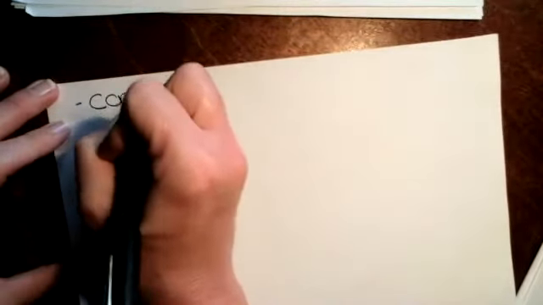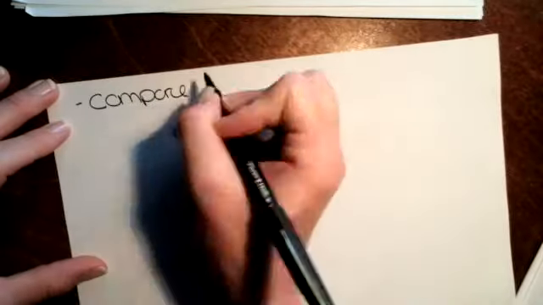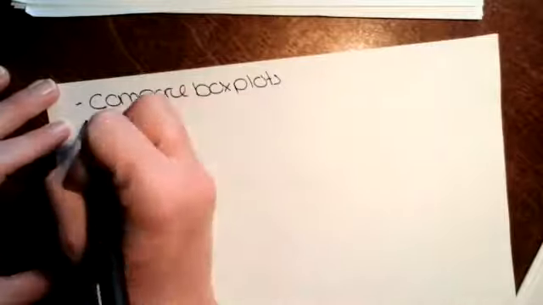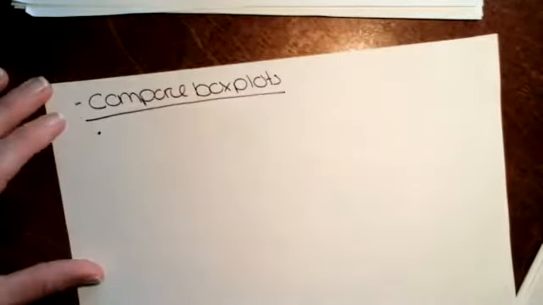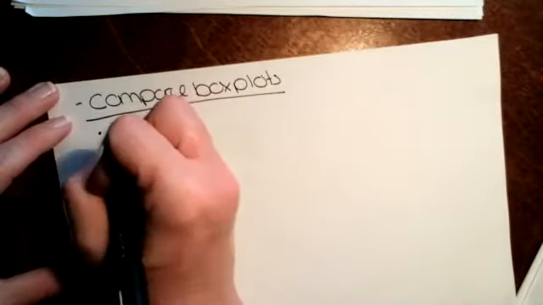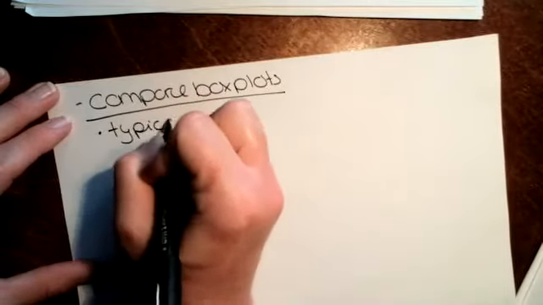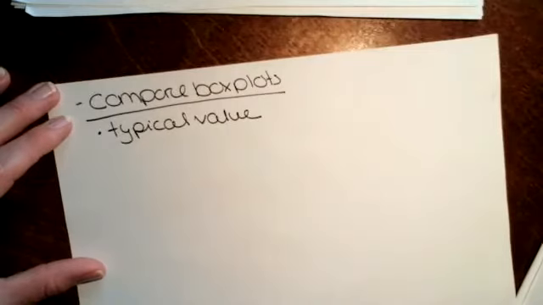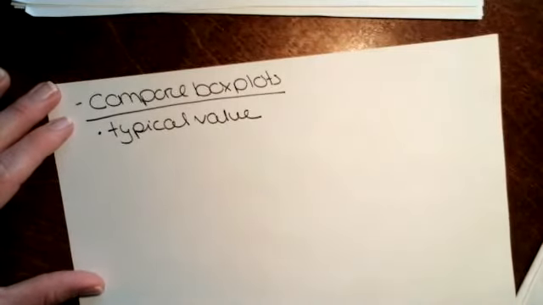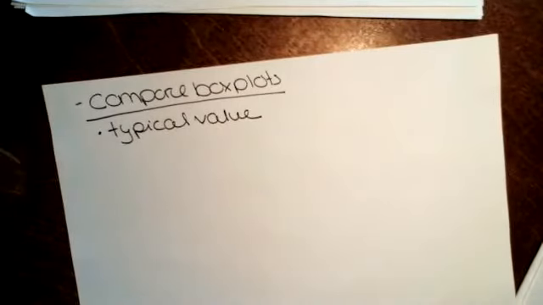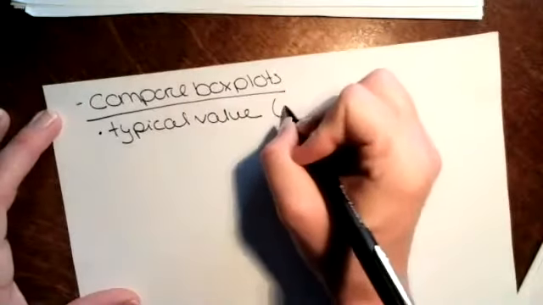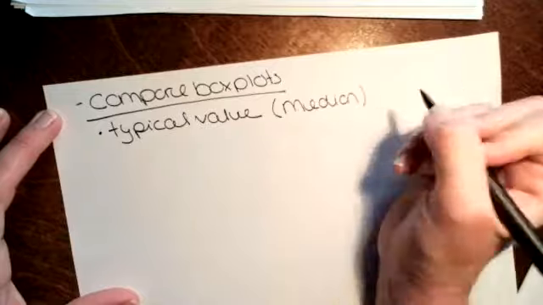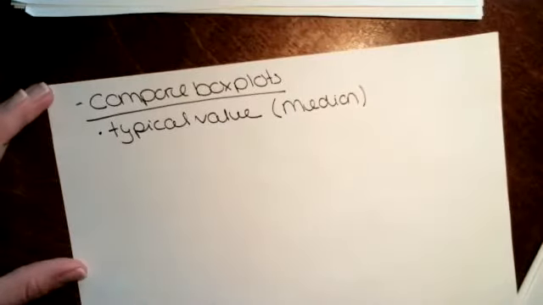So if we want to compare box plots, I want to compare the center or the typical value. Remember, we can use those interchangeably. Generally when we're looking at typical value or the center in the box plot, we're looking at the median, or it could be quartile 2.